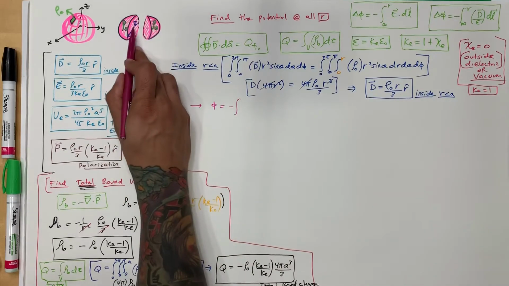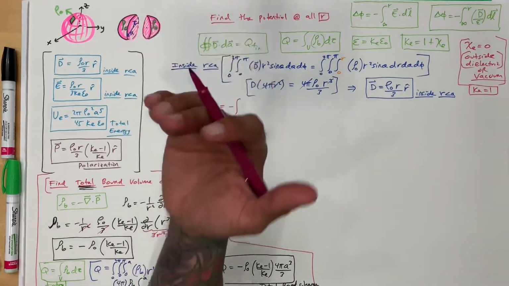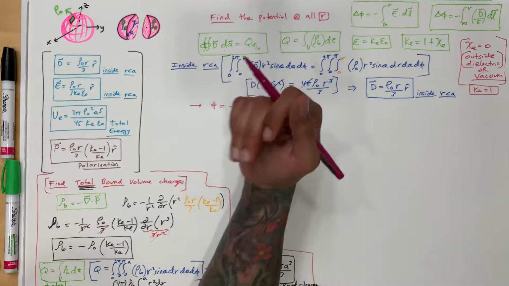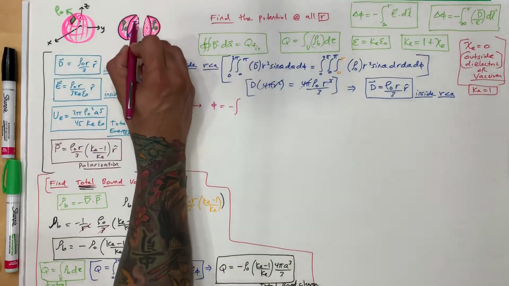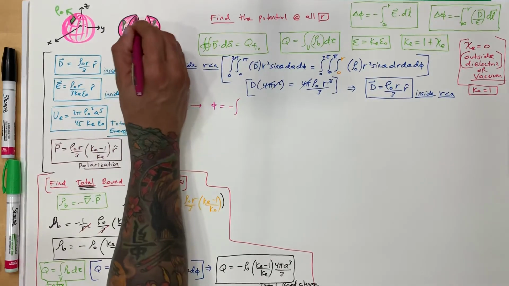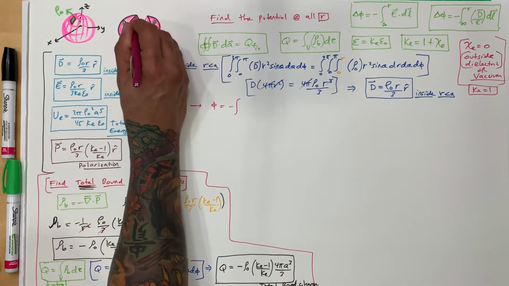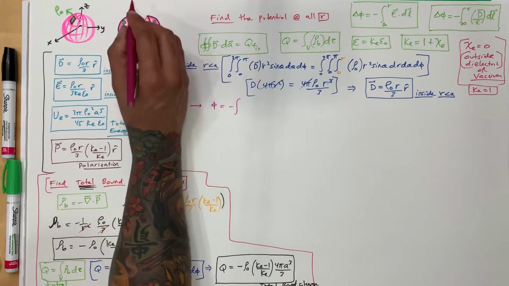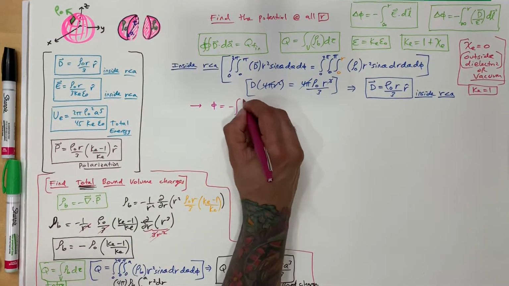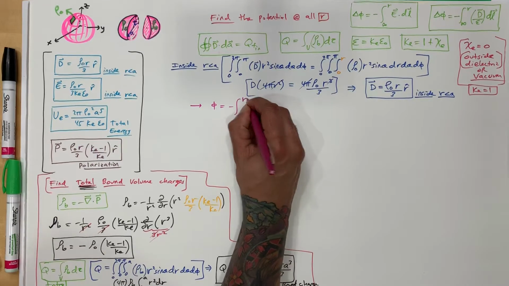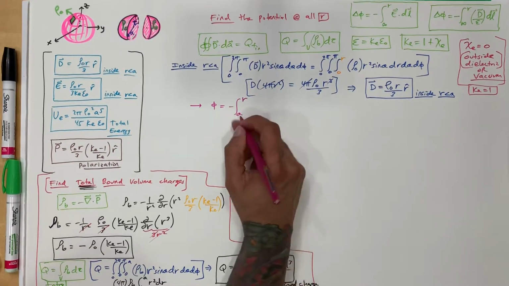If we're inside, then the potential always starts from the outside and goes towards the inside. So if we're somewhere in here already, we're going to start from the surface of the sphere inward. So our final is going to be R, and our initial is going to be a.